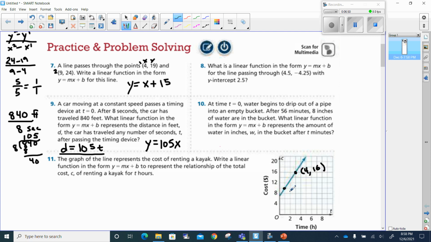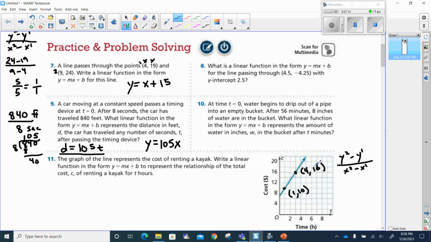And this one is 1 and looks like 9. No, actually every one of these is 2, so this would be 10. All right, I can use my formula, y2 minus y1 over x2 minus x1.